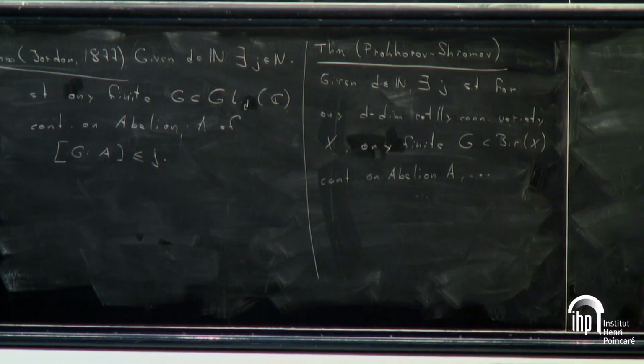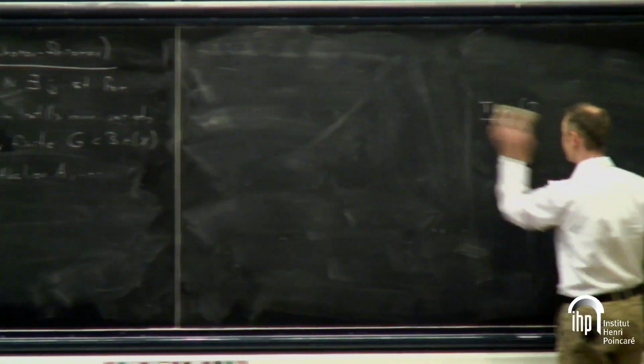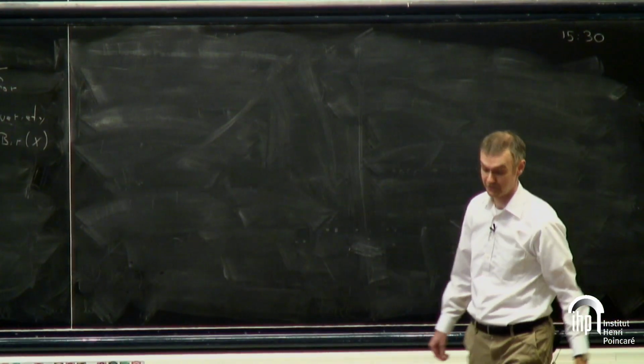So same thing, but for rationally connected varieties and all of them together. So there exists one Jordan constant that works for all those varieties and their birational transformation groups.